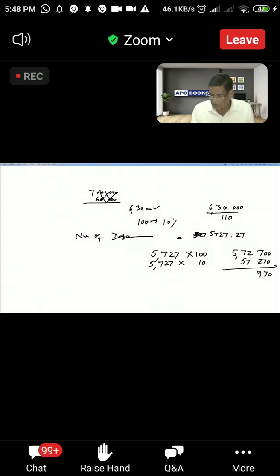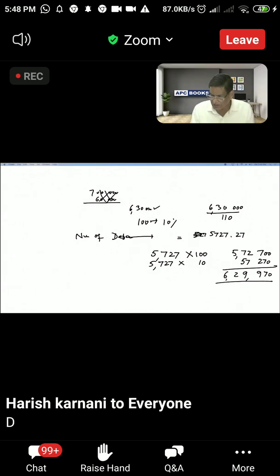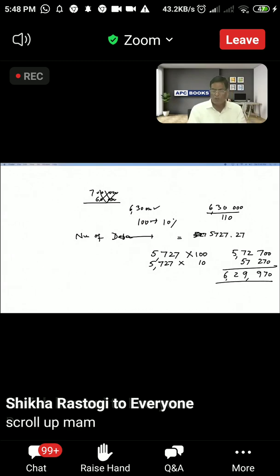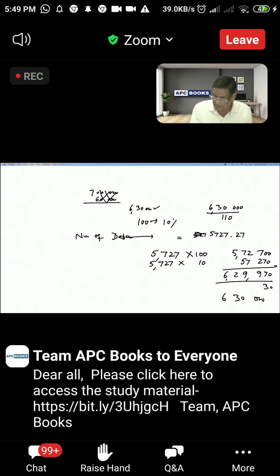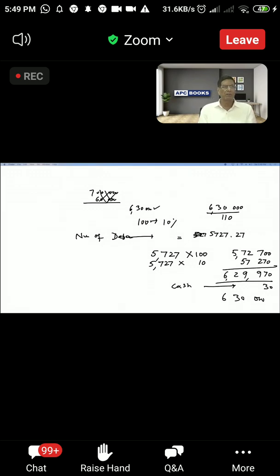Total amount paid is 629,970. We have to pay 6,30,000. So the difference of rupees 30 will be paid in cash.